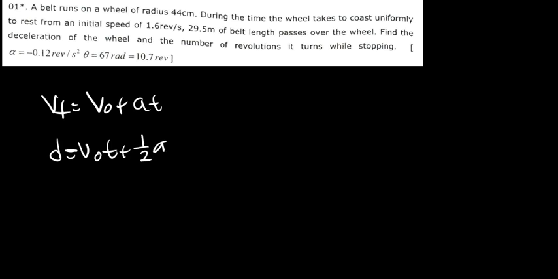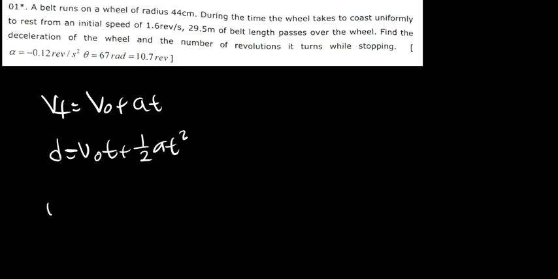Under circular motion, the first thing we're going to talk about is, if you know linear motion, where we were talking about v final is equal to v initial plus a times t. Then we were also talking about the distance is equal to v initial times t plus half a t squared.